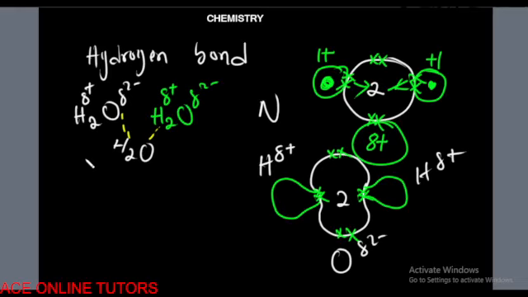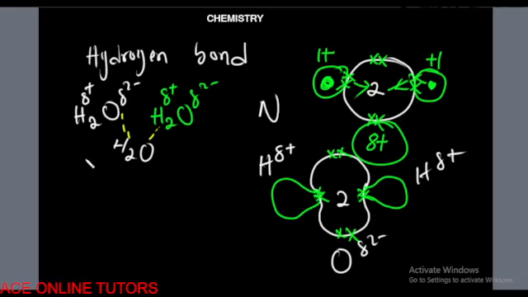Those are the examples where we can find the hydrogen bond. That is the explanation behind it. Don't forget that the hydrogen bond is also weak, but it is very important.